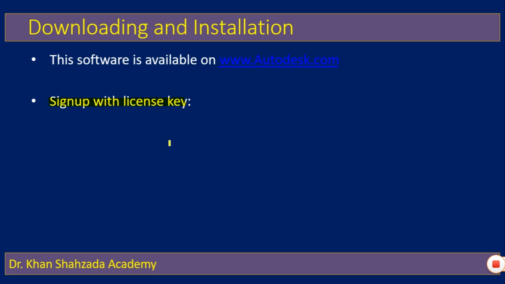Your license may be a purchased product, or it may be a student or educator version. I am currently using the educator version, and the benefit of using a licensed version is to get all the features that are required for working in AutoCAD Civil 3D software.